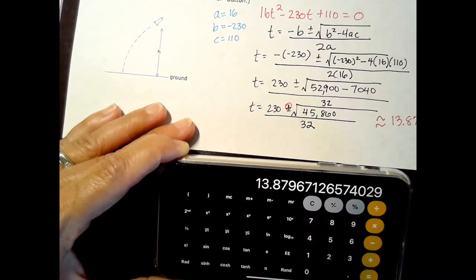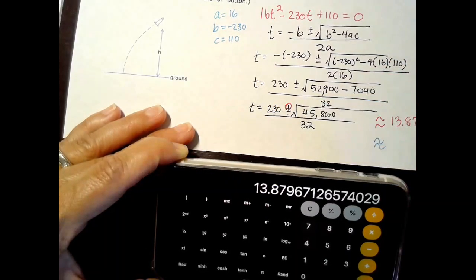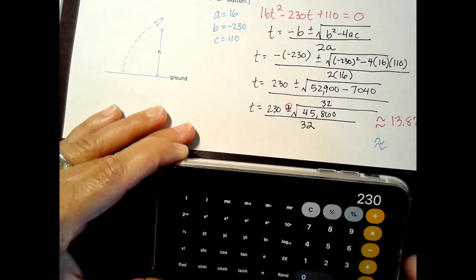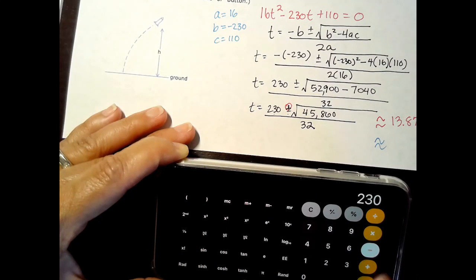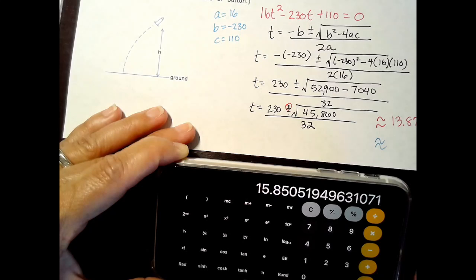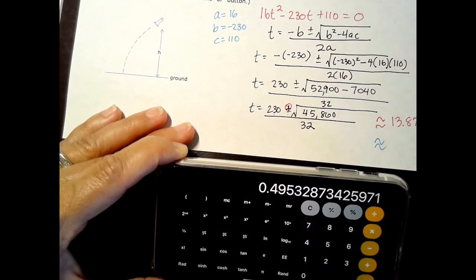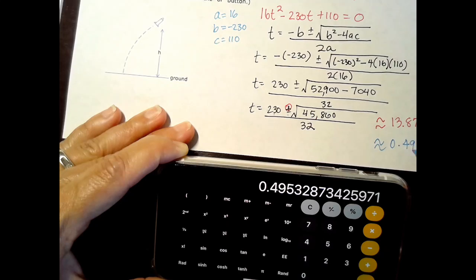So now I'm going to do the minus. Okay, so I'm going to do 230 minus the square root. I'm going to use my parentheses to make sure this works out right. So 45,860 square root, close my parentheses, equals, divided by 32, and I get approximately, because it goes on, 0.4953287.